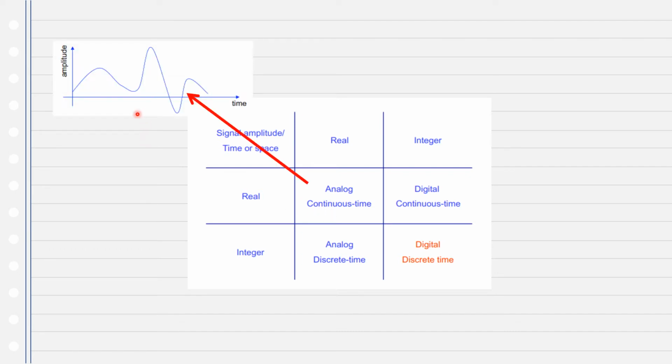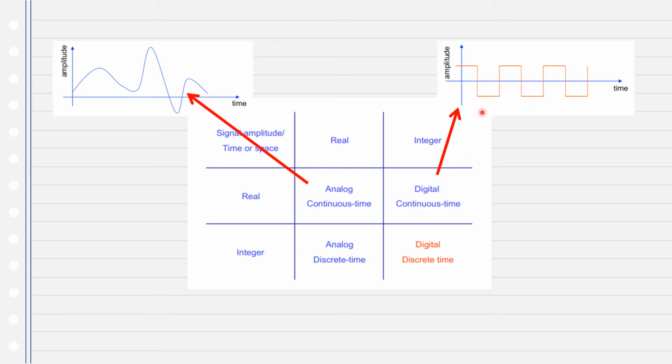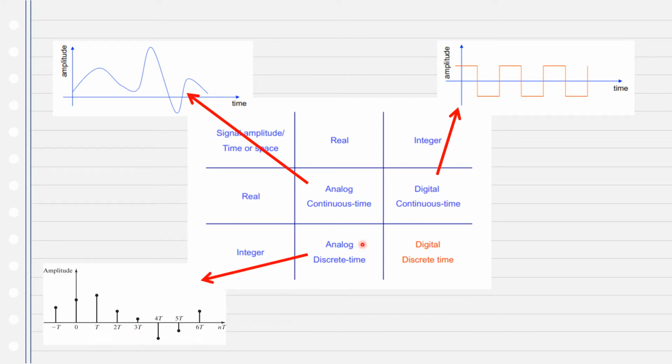If we try to plot it, this is how it looks: analog amplitude, continuous time. Now digital, continuous time: it exists at continuous time, but the amplitude is digitized. In this example it is 1 and 0. So the first part is digital, the amplitude, then continuous time is when the signal exists.